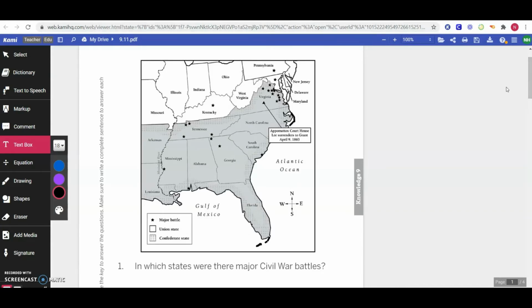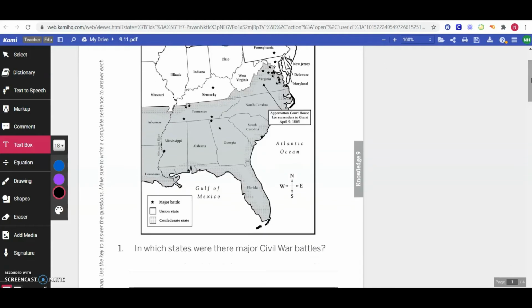How are we going to know? What do we need to look at to figure out where the major Civil War battles were? We're going to use our legend or our key. This tells us that to find major battles, we need to look for stars.